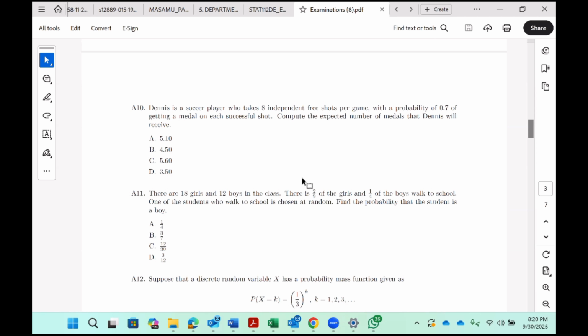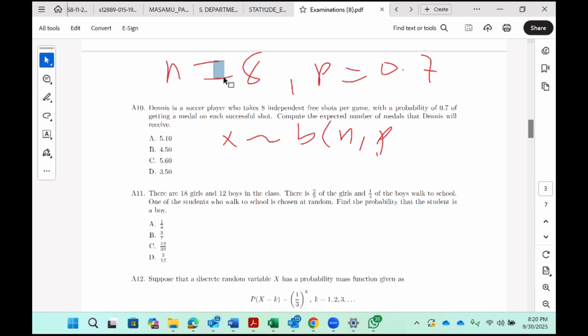So with this one, we have n equals 8 and your p equals 0.7. Since there are only 2 possible outcomes, either he wins or he loses, your X will follow a binomial with n and p. So your expected value of X will be equal to n times p.